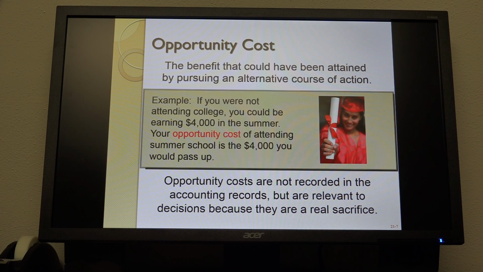And so opportunity costs are not recorded in the accounting records, but are relevant to decisions because they are a real sacrifice. And so opportunity cost is the benefit that could have been attained by pursuing an alternative course of action.